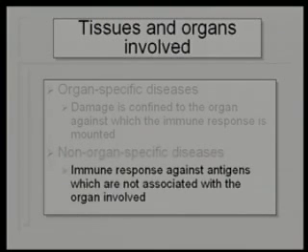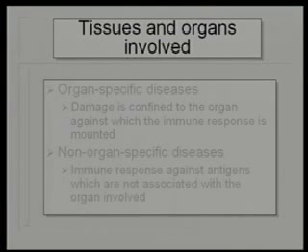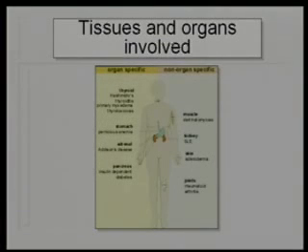So I've already explained that. Okay, here are some examples. Insulin-dependent diabetes is an example of, obviously, on the left-hand side, organ-specific autoimmune diseases.